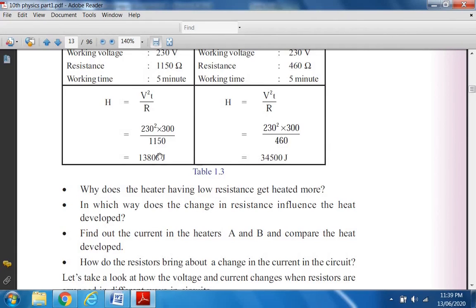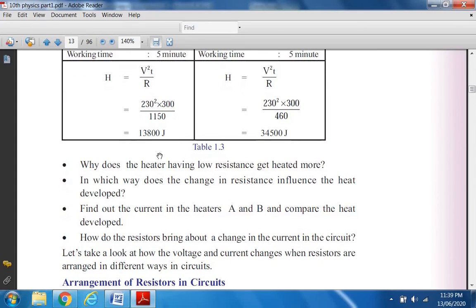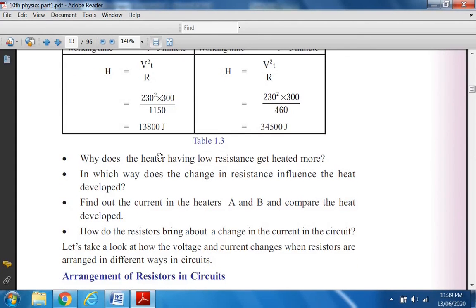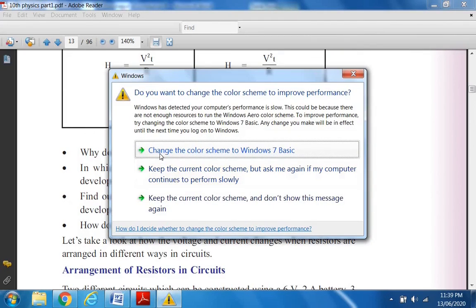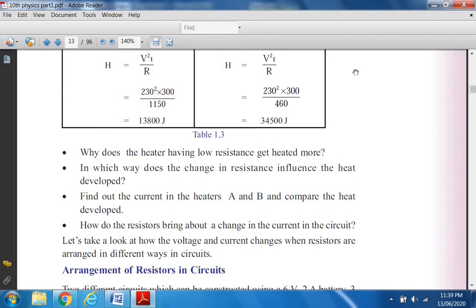The heater with high current, that is heater B, produces high heat energy. So we have discussed the effect of resistance on the change in current and the production of heat.